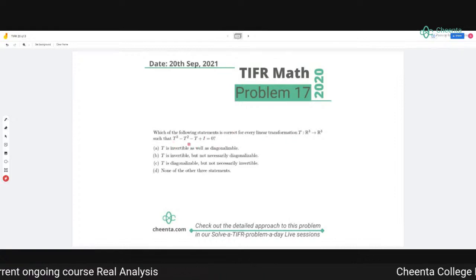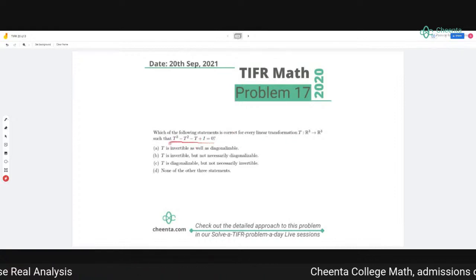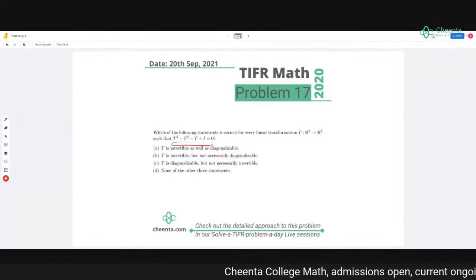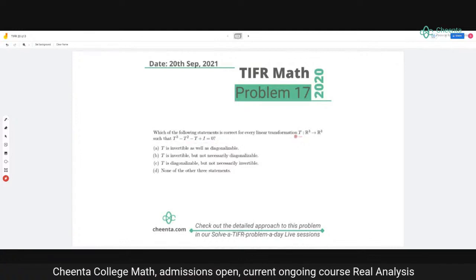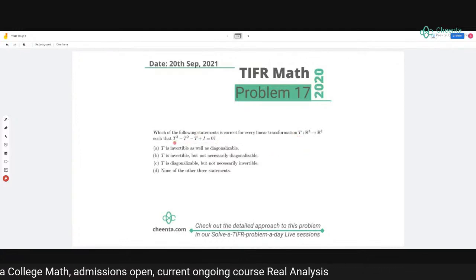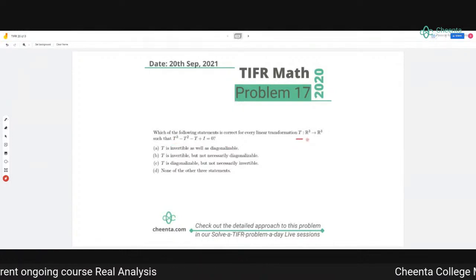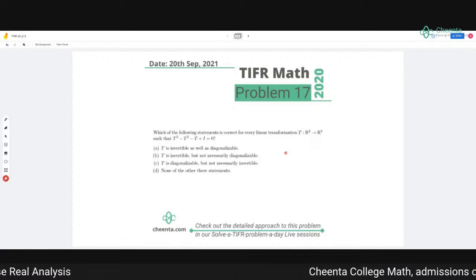So first thing is that there is a polynomial of linear transformations. This is a polynomial in t, and it has degree 3, where I have t from R3 to R3. This is one hint.